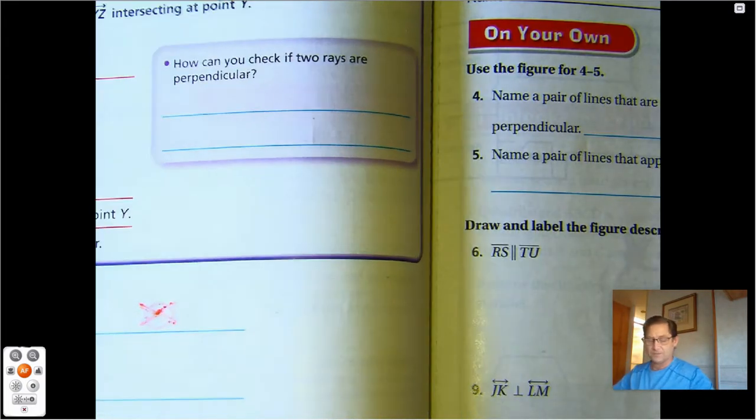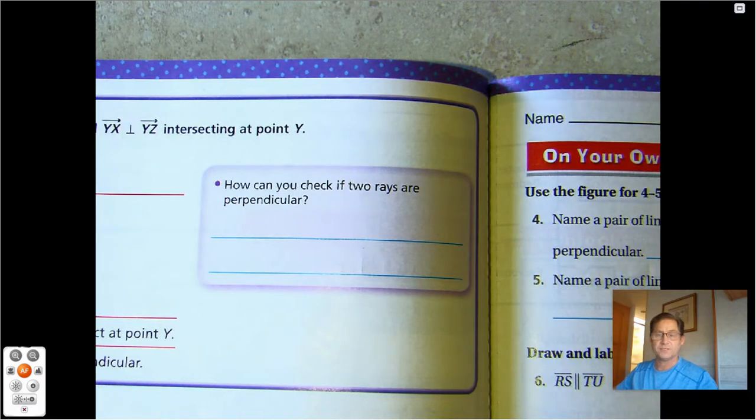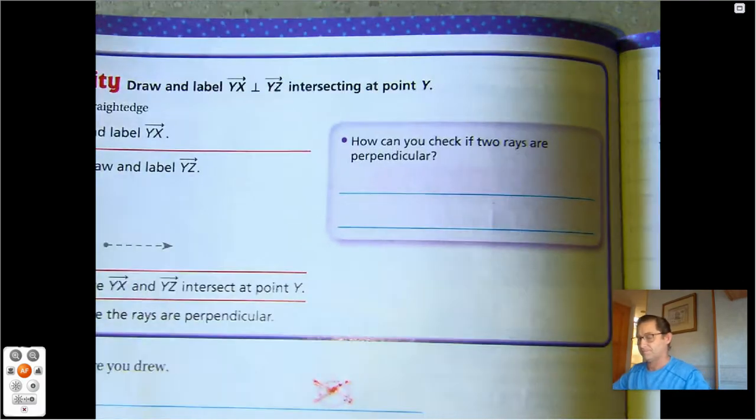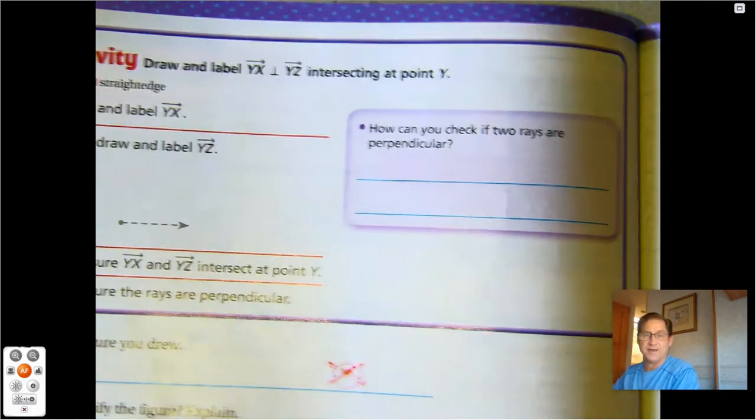All right, 412. You need something to draw a straight edge with. A ruler is great, but anything that you can make straight lines with.